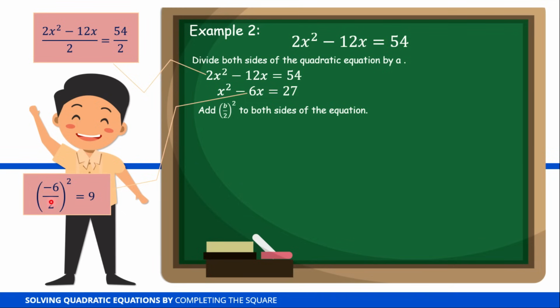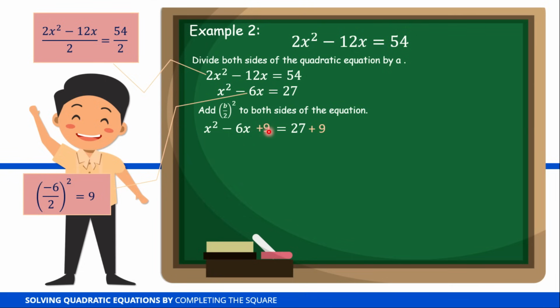Now, kapag in-square natin si negative 3 or negative 3 times negative 3, answer is positive 9. Ibig sabihin, ang pang-a-add natin on both sides of the equation ay positive 9. Magiging perfect square trinomial itong nasa left side. And, syempre, kung ano yung ini-add natin dito sa side na to, yun din ang i-add natin sa kabilang side of the equation para maging balance ito.